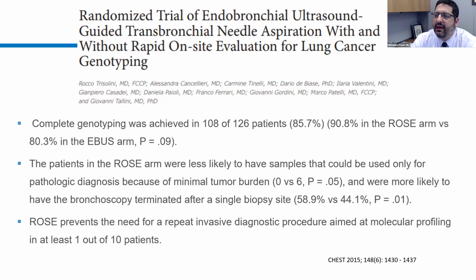It was by Trisolini in Italy, and they looked at patients that had lymph nodes in suspected advanced stage non-small cell lung cancer, and they looked at whether ROSE was used or not to collect molecular material, and 91% in the ROSE arm and only 80% in just the EBUS without ROSE were sufficient for molecular. So there was a greater success rate with ROSE.